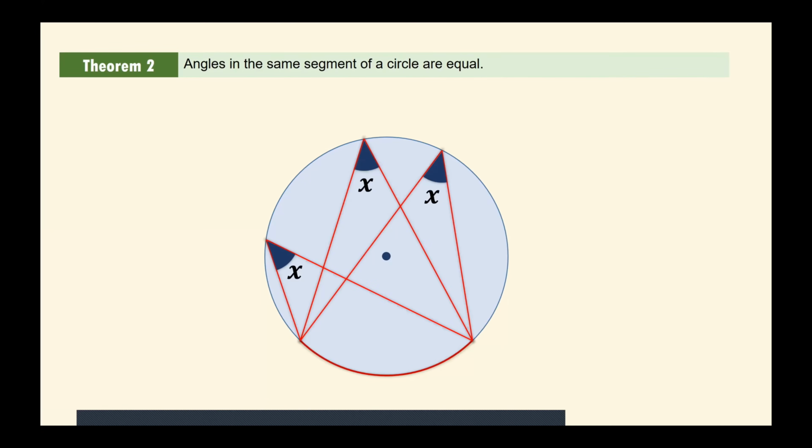For example, if an arc makes an angle of 25 degrees at any point on the remaining part of the circle, then the same arc will make 25 degrees at any other point on the circumference. In short, the same arc subtends the same angle on the circumference.